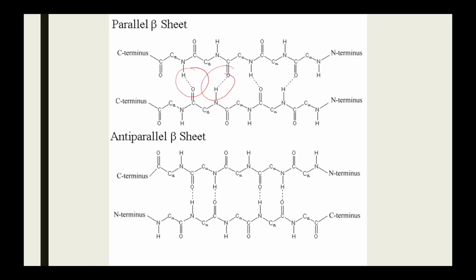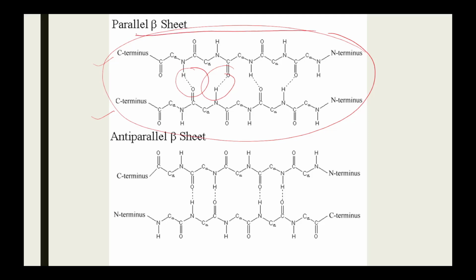The beta sheets could be of two types. Individually they are called beta strands, and all together they form a beta sheet. If two beta strands are in the same direction, they are called parallel beta sheets.